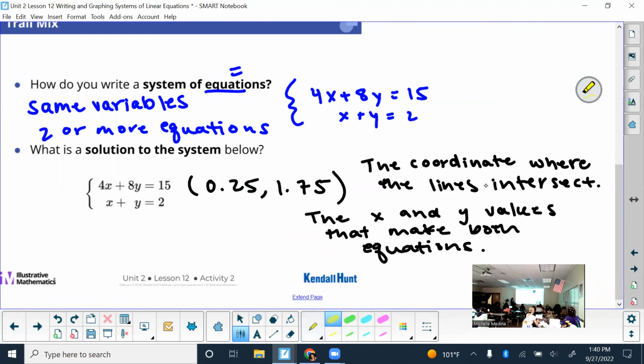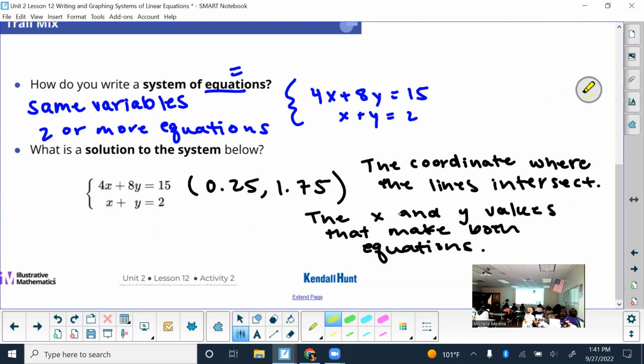It's the coordinate where the lines intersect on a graph, that's how you know. But otherwise, it's the X and Y values that make the equation true. So if I plug it into both equations, I do get two things that are equal. Like 4 times 0.25 plus 8 times 1.75 is 15.